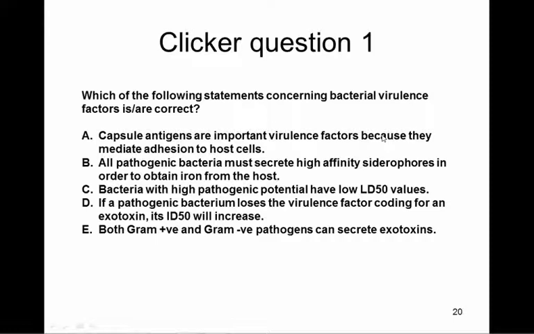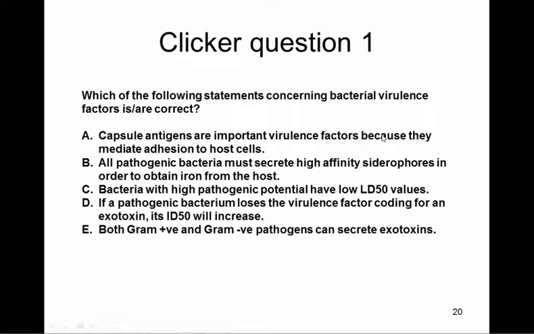So later on, what are you looking for for the ID50? Symptoms or count bacteria in the lung, in the intestine, on the skin, wherever the infection is?